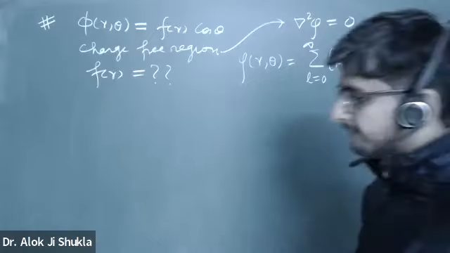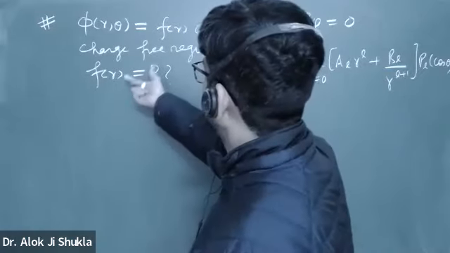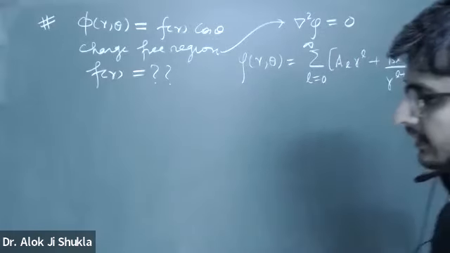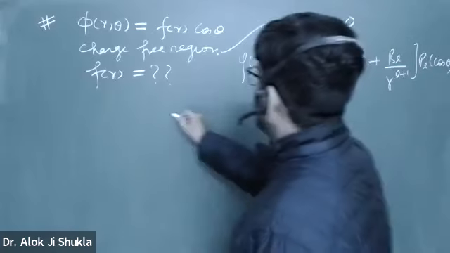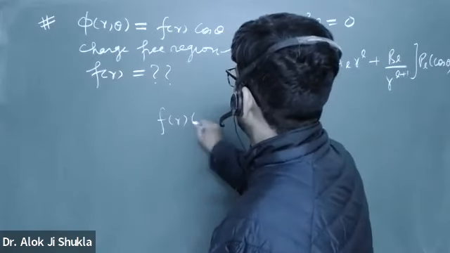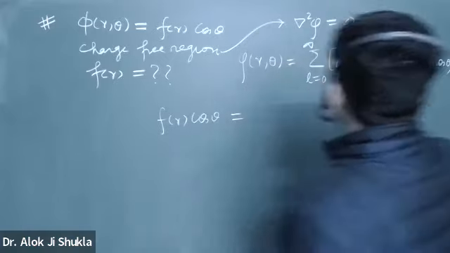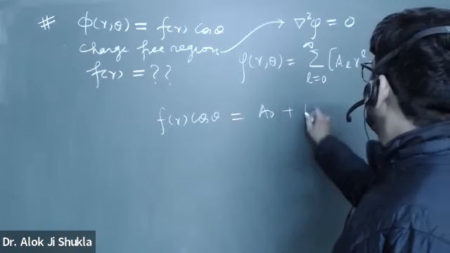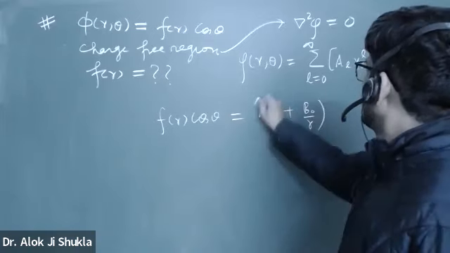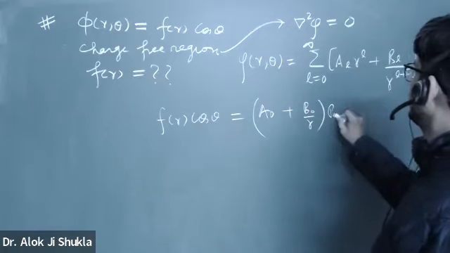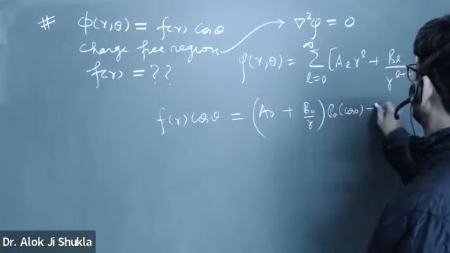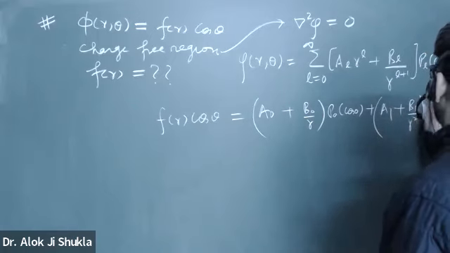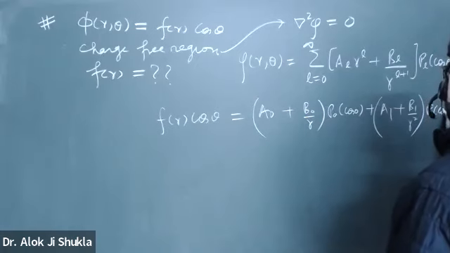Now they are saying that it has only this cos theta form. So how will you write? You will write it as FR cos theta is equal to, open it, A0 plus B0 by R into P0 cos theta plus A1 plus B1 by R square into P1 cos theta.